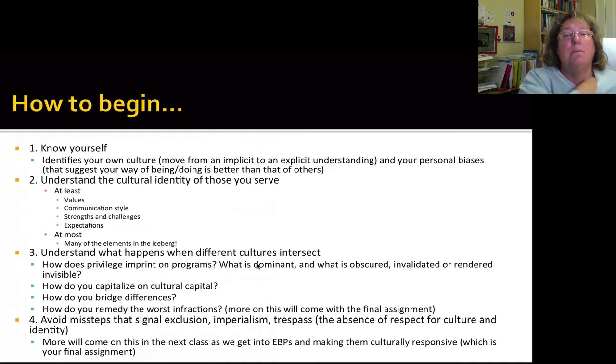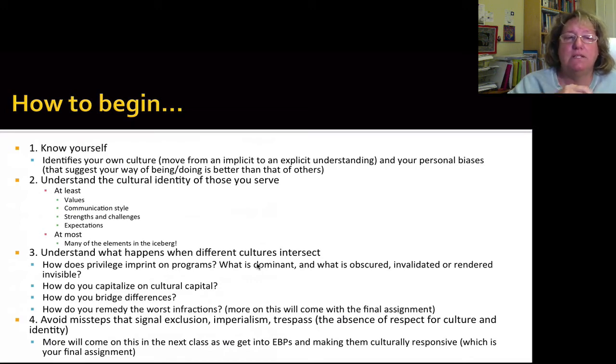So how does dominant culture imprint? What is dominant? What's obscured, invalidated, or rendered invisible? Your duty as an equity-infused community organizational practitioner is to start to notice these things and ideally give some voice to them in the course of an evaluation.